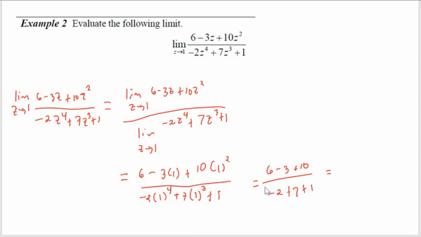So therefore 6 minus 3, we have 3 plus 10 is 13, and negative 2 plus 7 is 5, so plus 1, so we have 6. So therefore the final answer is, the value of the given limit of 6 minus 3z plus 10z squared all over negative 2z raised to 4 plus 7z cubed plus 1 is equal to 13 over 6 as z approaches 1.